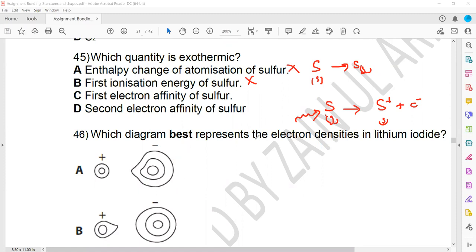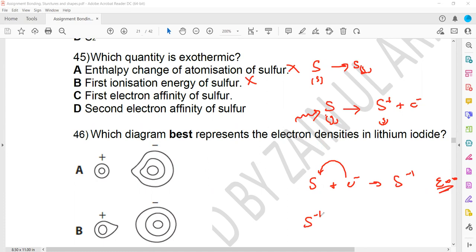First electron affinity means the energy released when an electron is added. For example, you have sulfur and you add an electron, so it will form S minus, because when an electron is added, the charge becomes negative. So first electron affinity is exothermic, because bond forming is always exothermic. And second electron affinity will be endothermic.